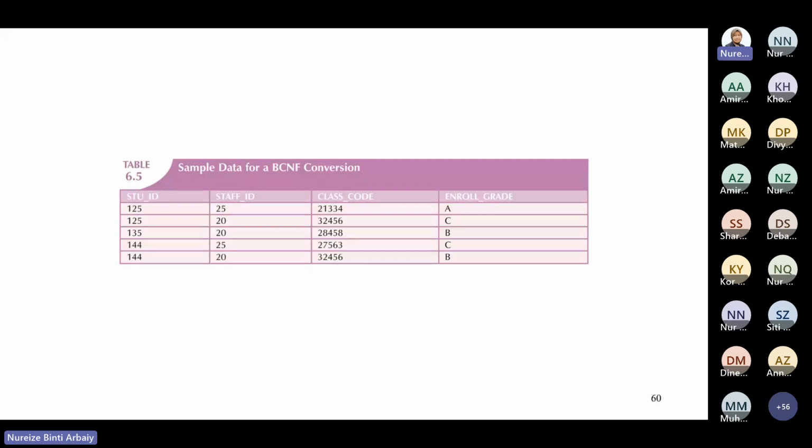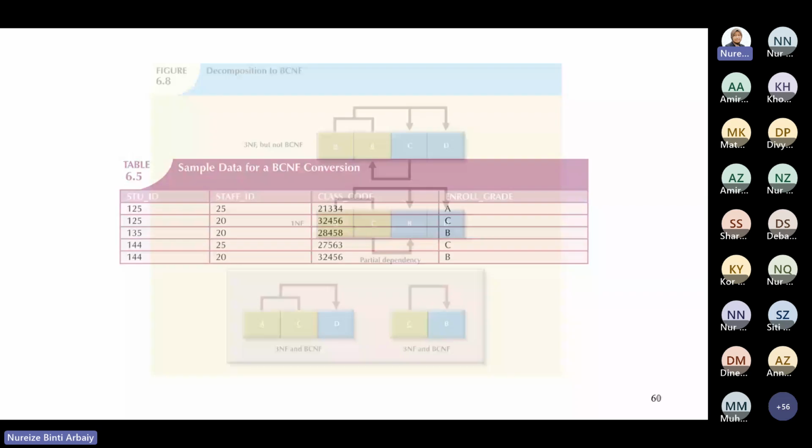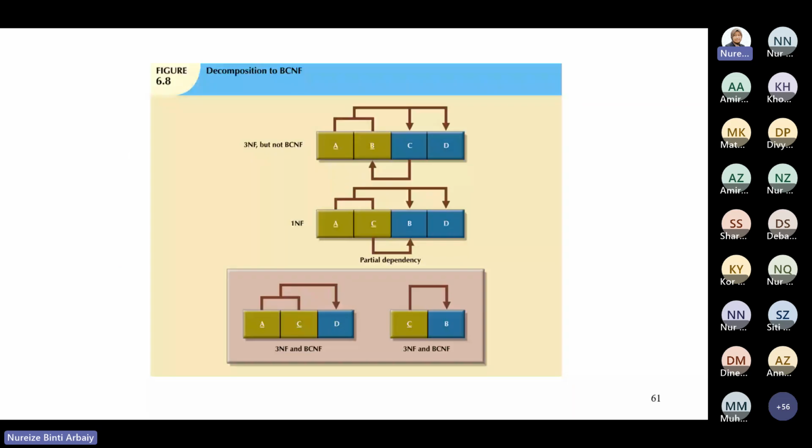Sample: student ID, staff ID, class code, and enroll. So this one is 3NF but not BCNF, because the C here happens to identify the B, which is a primary key. That's why this situation is said to be BCNF.